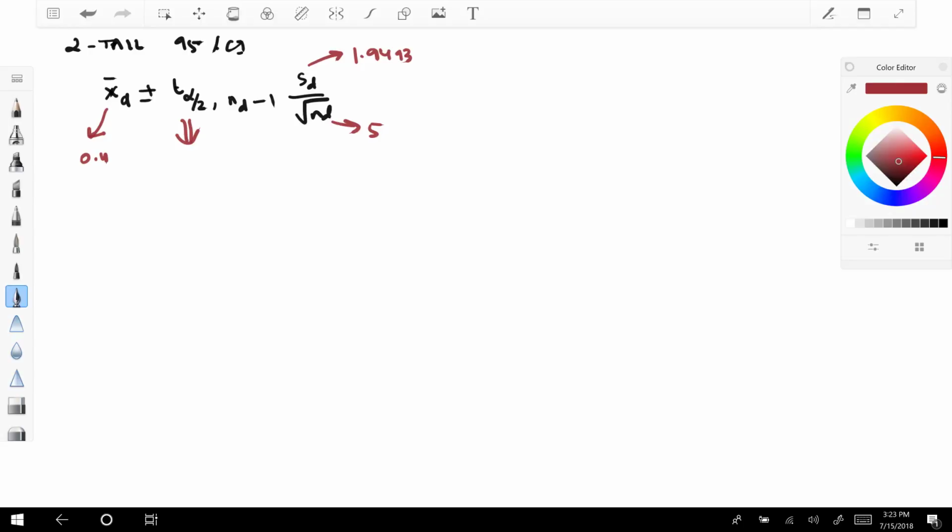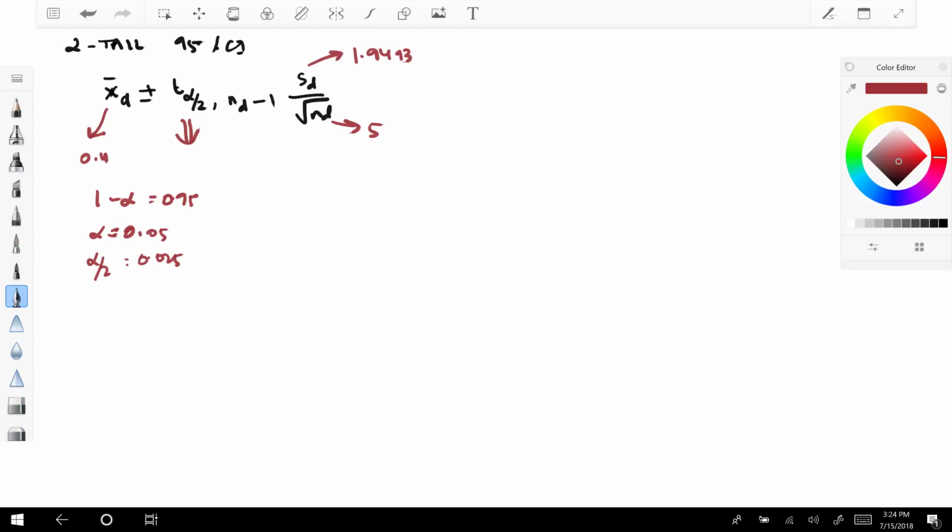Now we will do T alpha over 2. If I have 95% confidence, that means 1 minus alpha is equal to 0.95, so alpha is 0.05, alpha over 2 is 0.025.